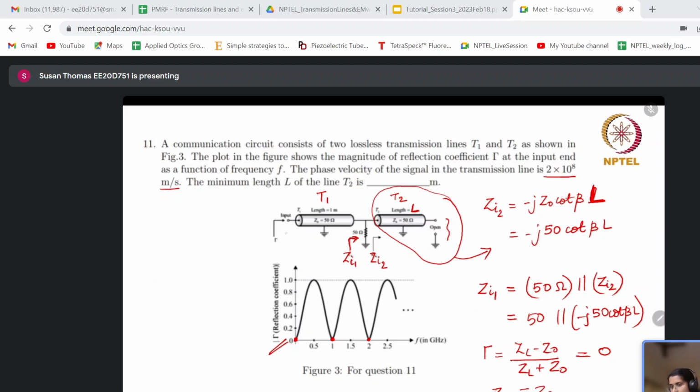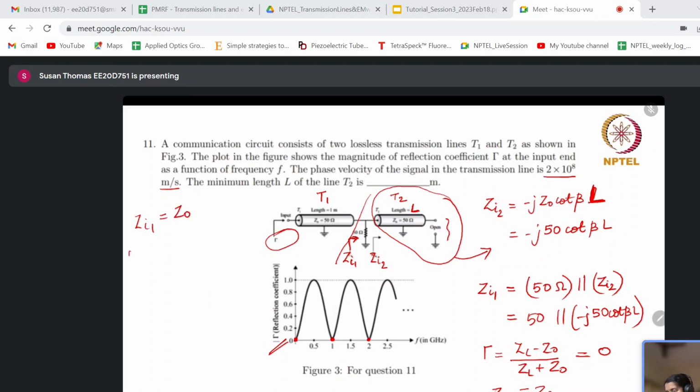So this input reflection coefficient becomes 0 when this load, that is Zi1, becomes equal to Z0.